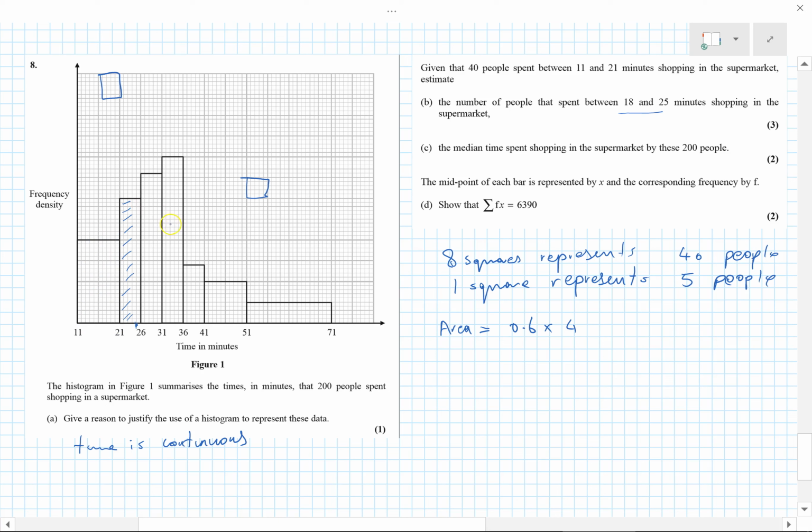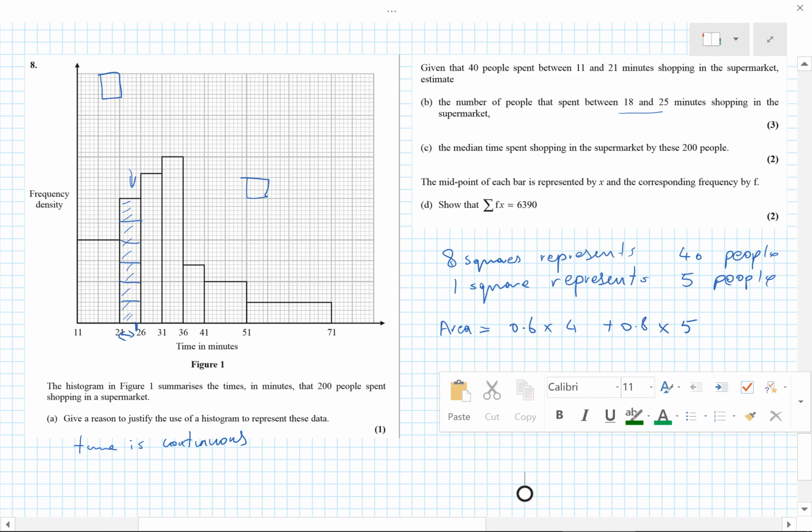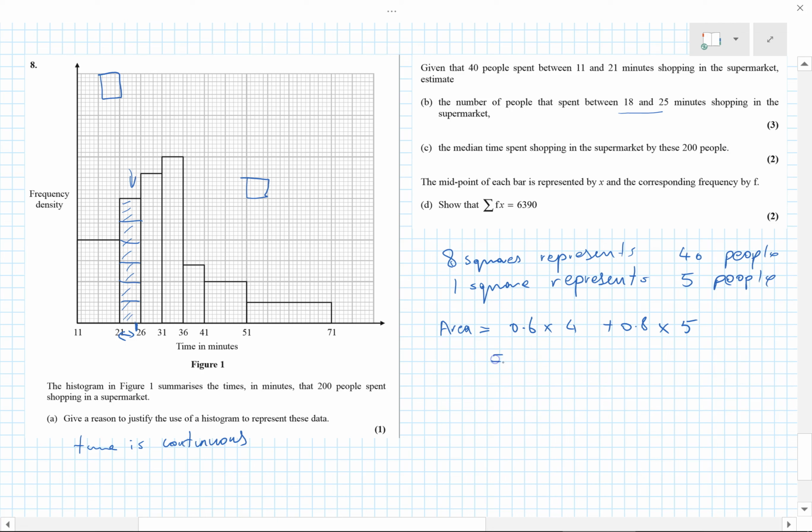This area, as I say, we've actually got 1, 2, 3, 4, 5 squares there, but we're not going all the way along there, so that's 0.8, because it's 0.8 out of 1, so it's 0.8 times 5. So that's the area. So that equals 6.4.